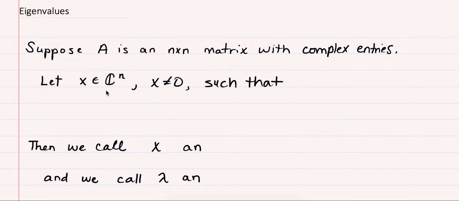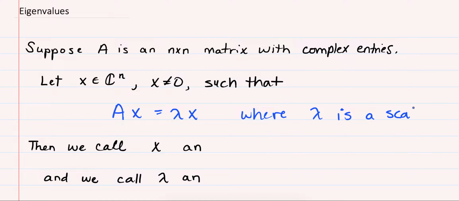And I also want to assume that A times x is equal to lambda times x, where lambda is a scalar. So it's just some number, some complex number. So what this is saying is, if we take this square matrix and multiply it by this column vector, we're going to get a column vector.